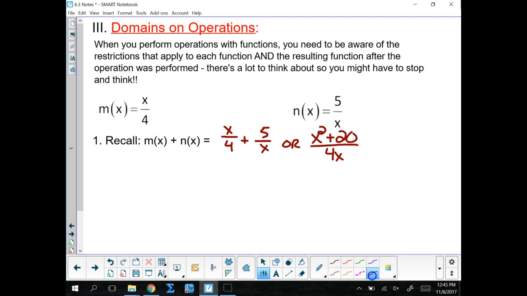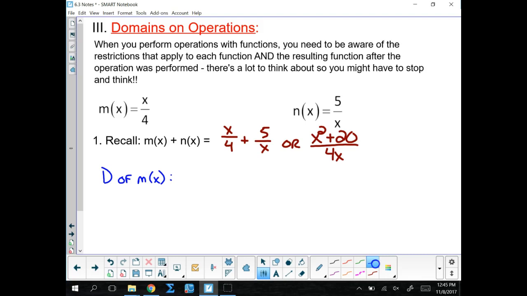So to find the new domain, I've got to look at the domain of m, the domain of n, and the domain of my operation. We'll look at 3 different ones. So, the domain here of m: is there a radical in m?